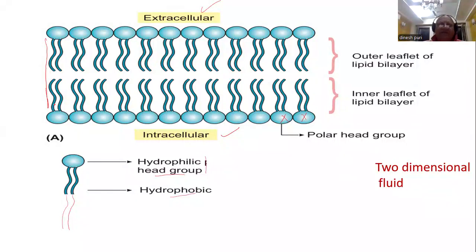That is understandable, entirely logical, because the polar hydrophilic, water-loving portion will face the water and interact with the water. The hydrophobic non-polar portion will try to go as far away from the water as possible. So therefore, that will be in the interior.